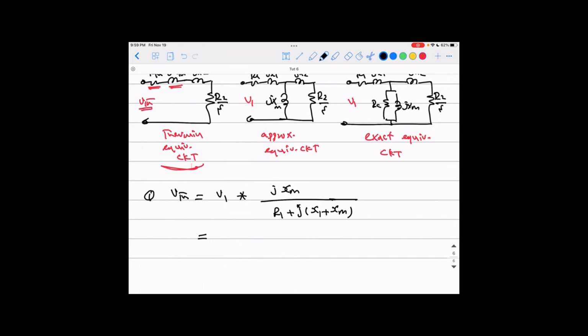All of those are phase quantities, don't forget. V1 is 480 at an angle of 0, because those are magnitudes and angles. Multiplied by jXm, which is given as 30.74, divided by R1, which is 0.461, plus jX1, which is 0.51, plus jXm, which is 30.74.